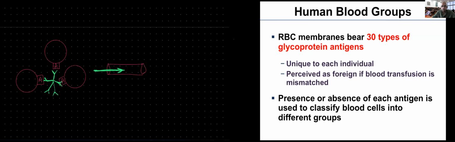They will rupture. So in a mismatched blood transfusion, what happens? You are forming immunoglobulins that will be binding multiple red blood cells at the same time. And as you push those red blood cells into the tiny diameter of your capillaries, they are going to rupture and release their content.